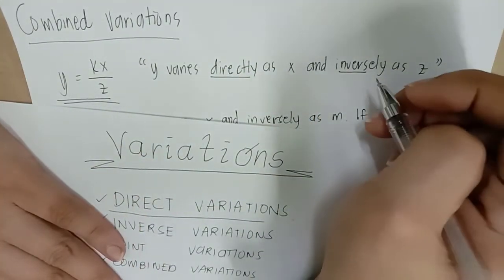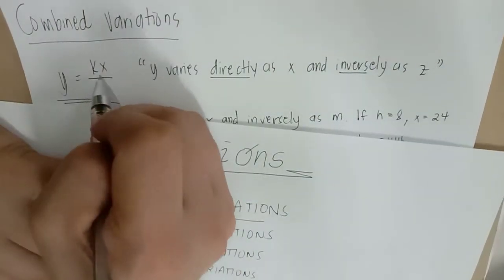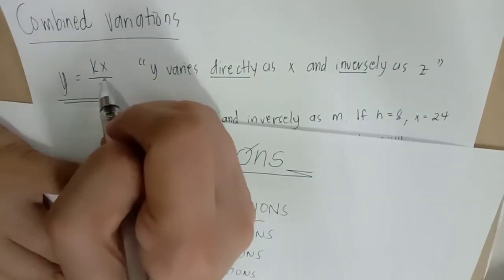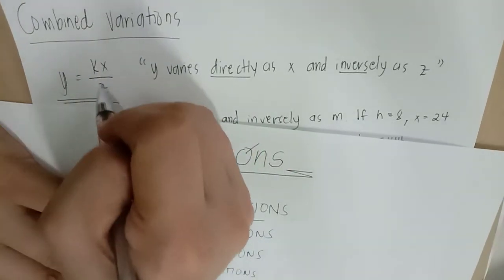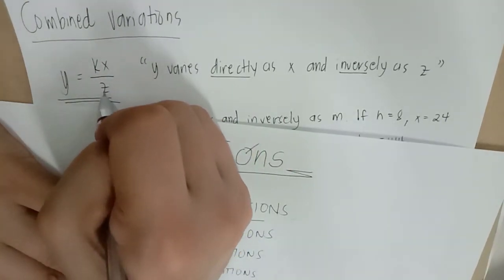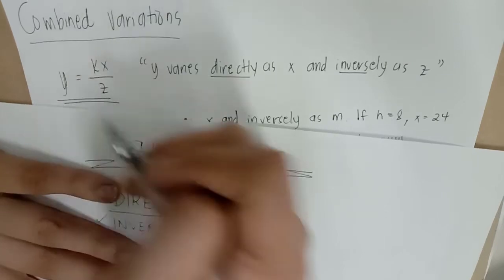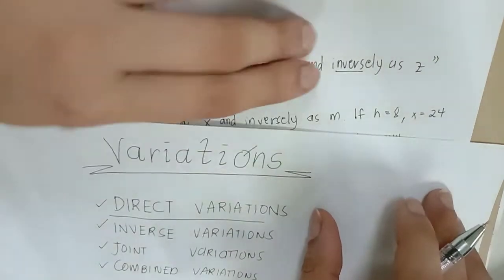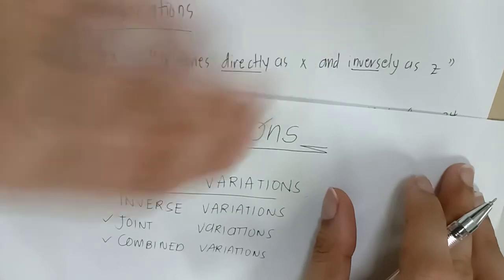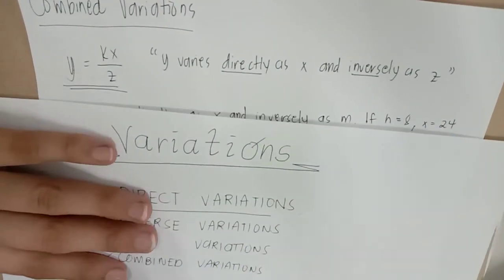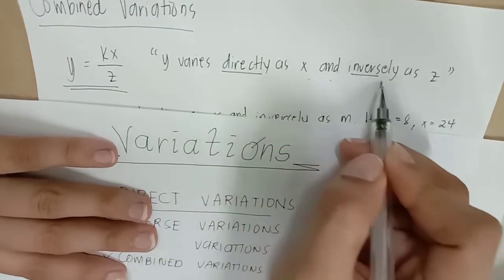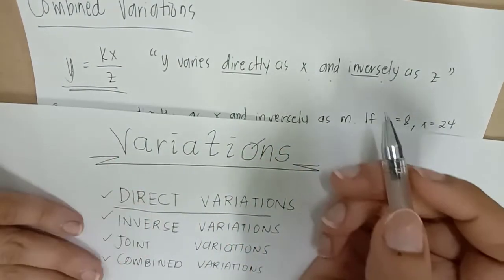The combination po. So, mapapansin nyo, y is equals to kx, ayan po yung sa direct. Tapos, y is equals to k over z, yan naman po yung sa indirect. Alright? So, ayan po yung combined variation. So, pwede po natin siyang ma-read as y varies directly as x and inversely as z.